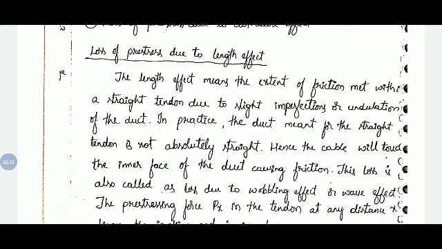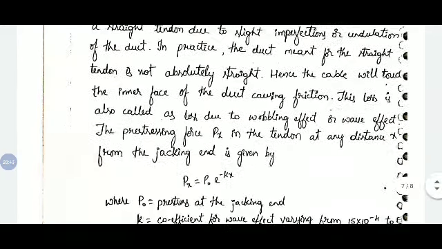Since it is the concrete surface, it may not be smooth. There may be some undulations or some imperfections. So because of all those things, there will be some loss due to length effect. For that we have formula also. These formulas are available in the code book.